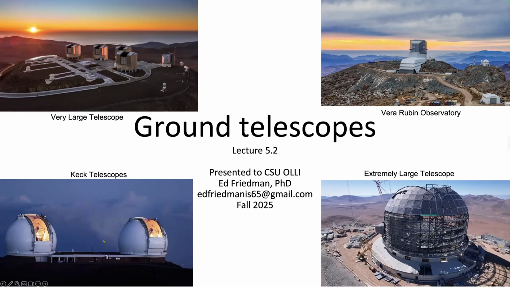On the dormant volcano Mauna Kea, here are two matched 10-meter telescopes, paid for by the Keck Foundation, and we'll see more about the Kecks in the next hour or so. They can collaborate and look at the same object together and simulate a telescope the size of both of those.